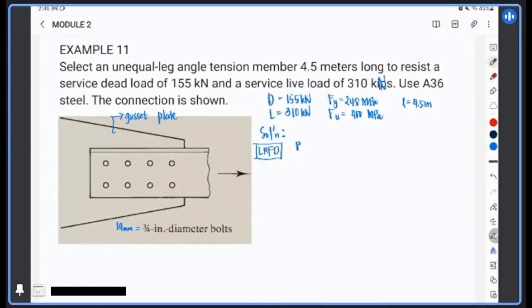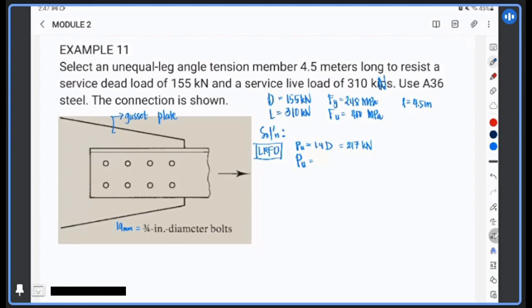If you remember your module 1, that is equal to 1.4 of dead load. If dead load is 155 kilonewton, that is equal to 217. That's Pu.